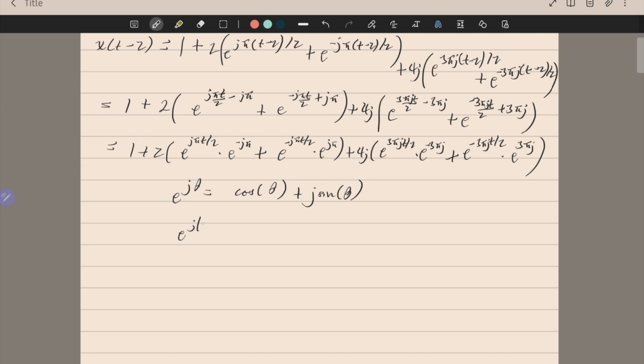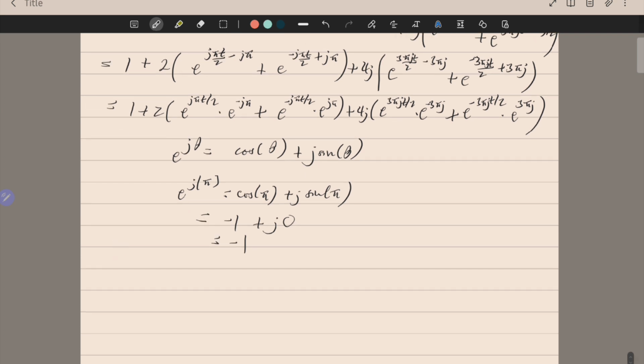So e to the j pi is cosine of pi plus j sine of pi. So what do we have here? Cosine of 180 is -1, and j sine of pi is 0. Okay, so this is just equal to -1, right?